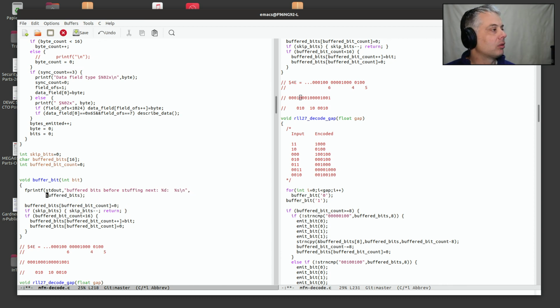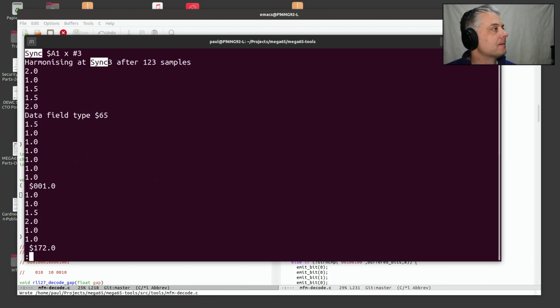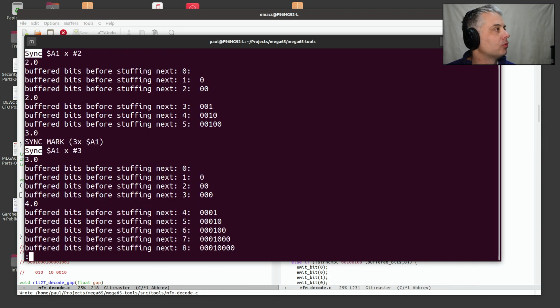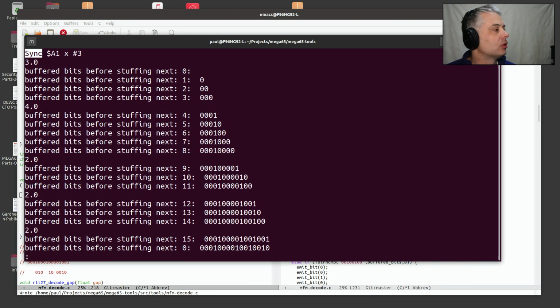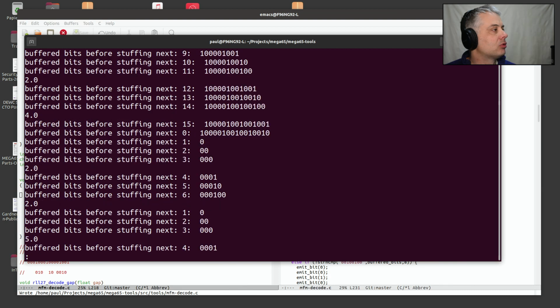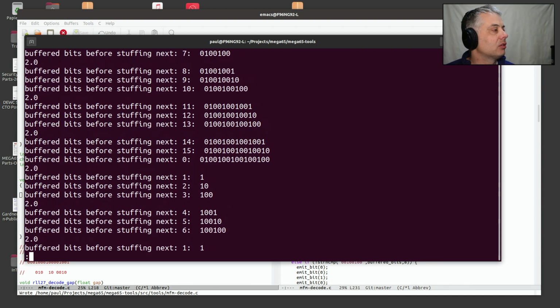Let's keep an eye on the buffered bit count. Yeah, so we are dropping that in, okay, we are emitting bytes eventually.